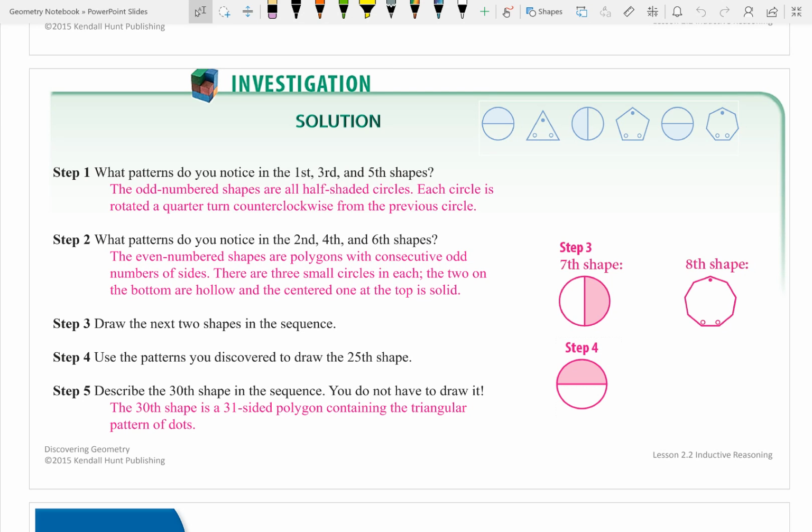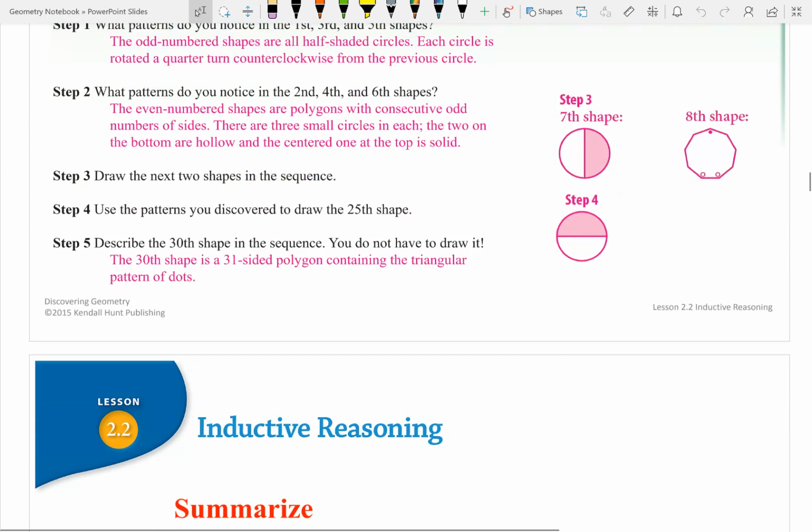The 2 on the bottom are hollow, and the centered one on the top is solid. The 30th shape is a 31-sided polygon containing the triangular pattern of dots, and the 25th shape will look like the half circle shaded on top.